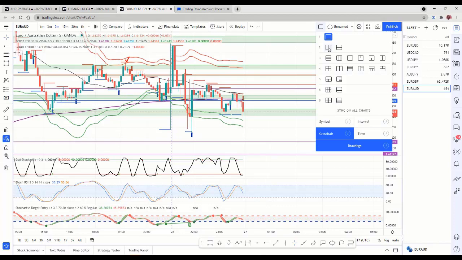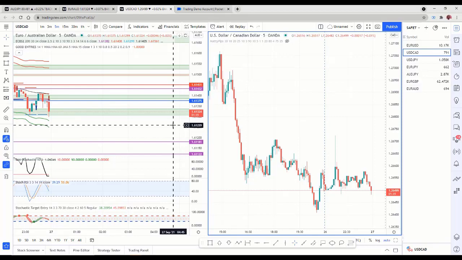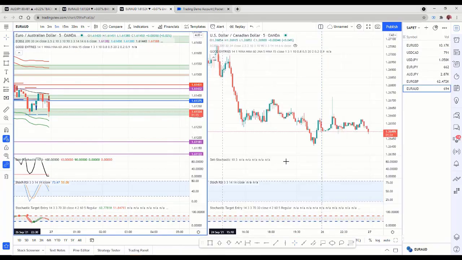Let me see easily what the market is saying. Apply this indicator in the entire layout. It comes here too.